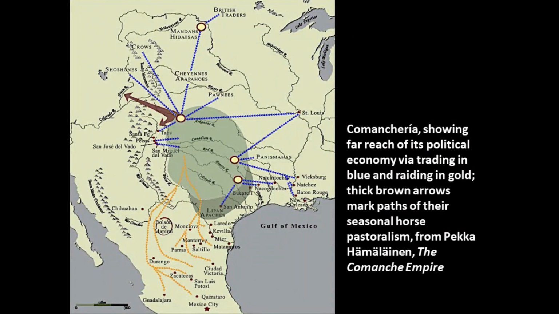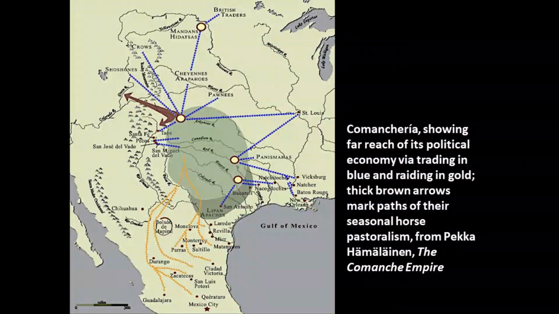We tend to think about raiding as being about taking horses, and that is certainly important if you are establishing a massive trading empire, as the Comanches did, with 23 tributary nations who owed them all sorts of things. And you can see the golden lines that are showing you how far south the raiding was reaching, that it was getting almost all the way to Mexico City.